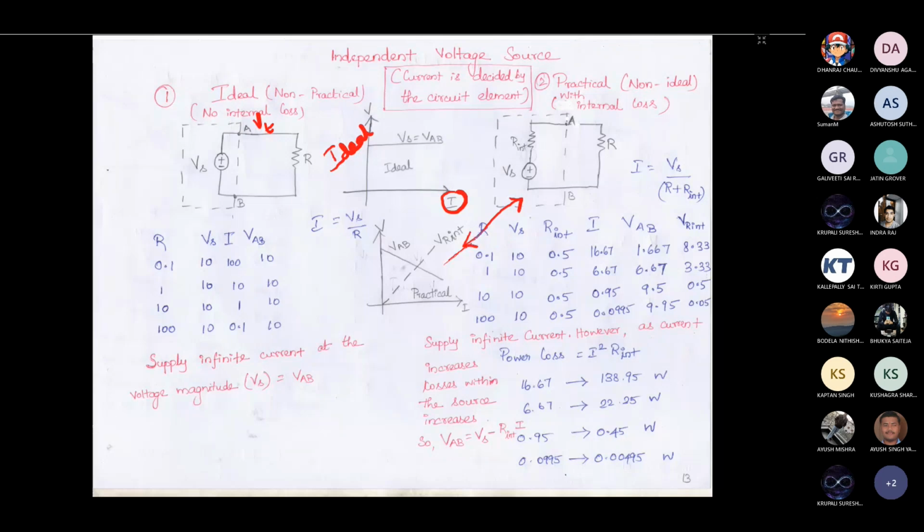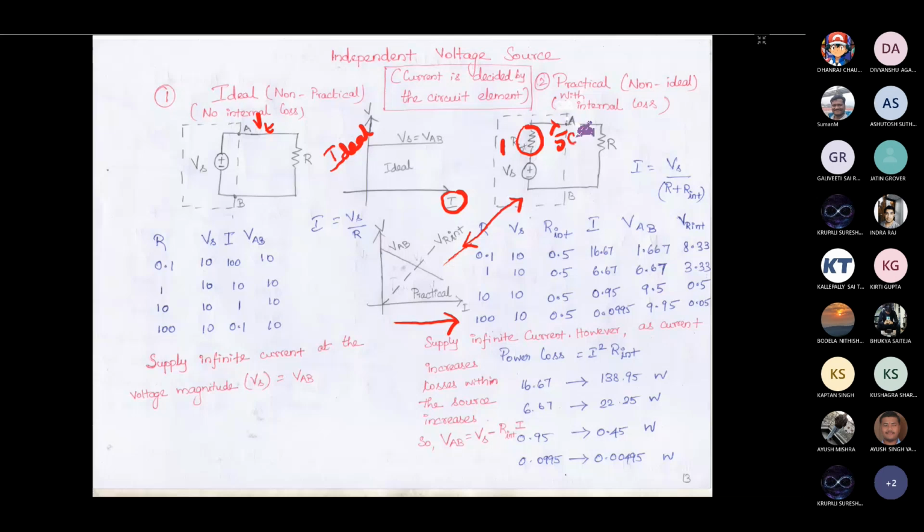This is the plot. Here you can see that the current is increasing, and because of the current, the voltage drop in this resistor is increasing. It is very obvious. Let us consider that this internal resistance is 1 ohm. If 5 ampere is flowing in this path, then 5 volt will drop across this resistor.